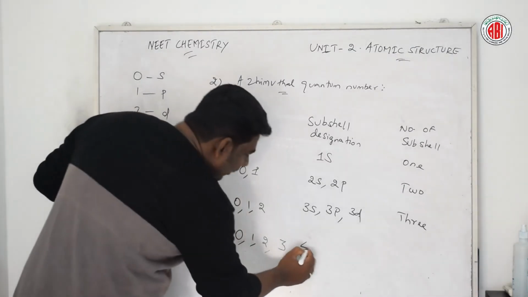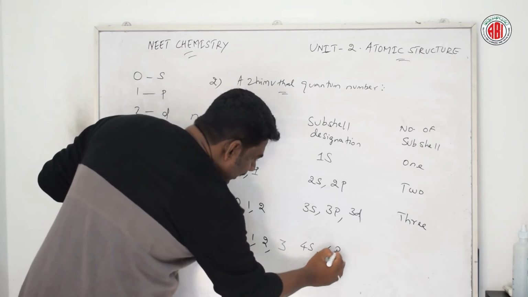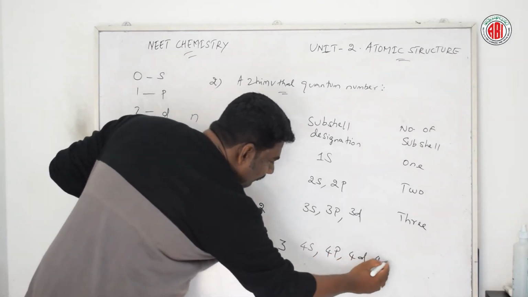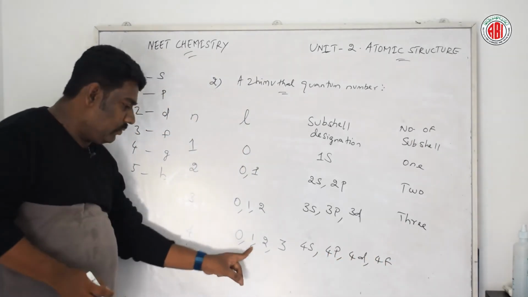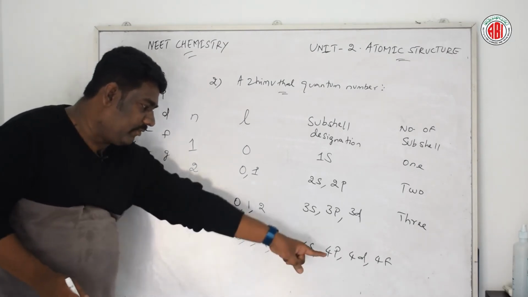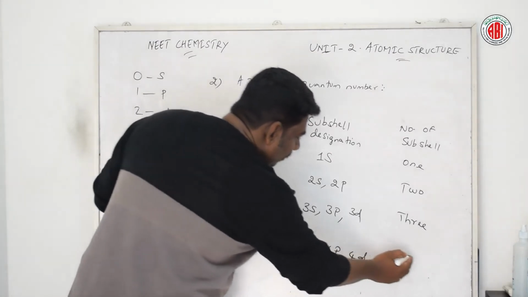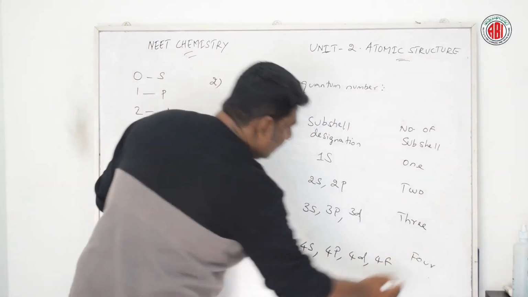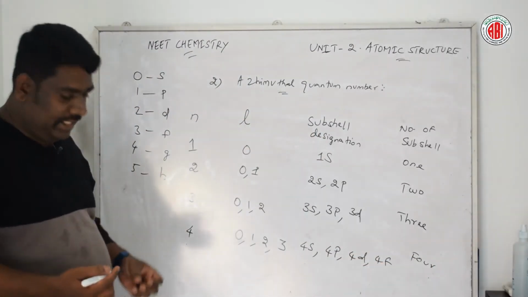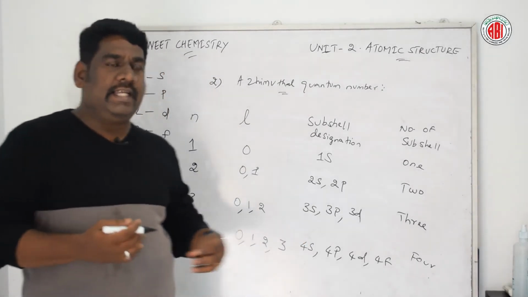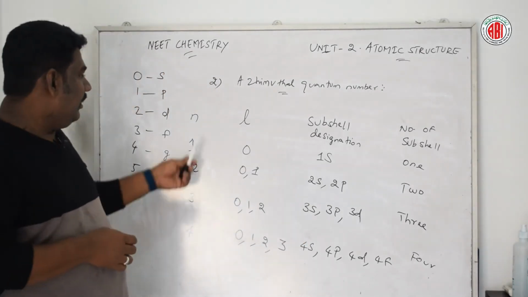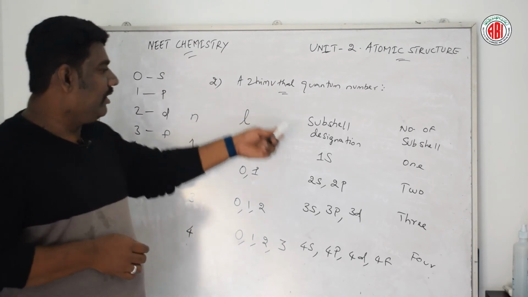That is the reason we are writing 4s, 4p, 4d and 4f: 0 stands for 4s, 1 for 4p, 2 for 4d, 3 for 4f. So 4 subshells are present. In this way we can connect the link between the principal quantum number and the azimuthal quantum number.